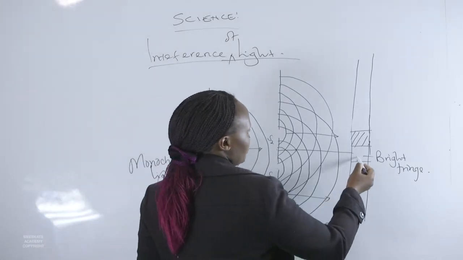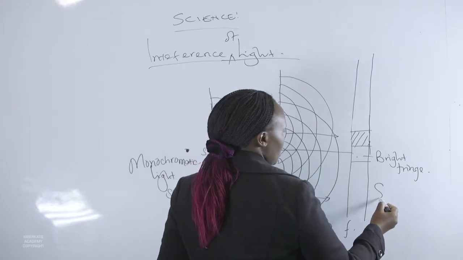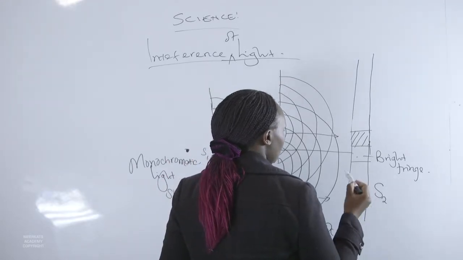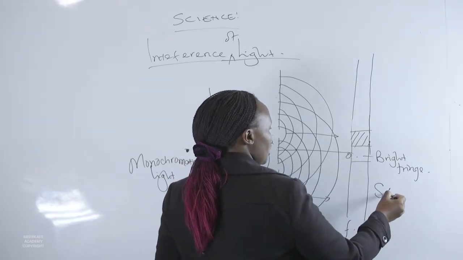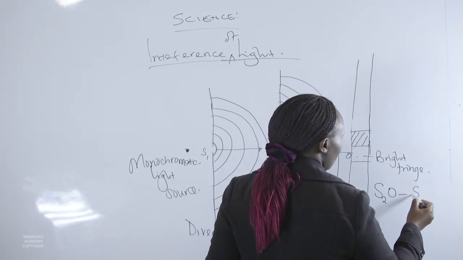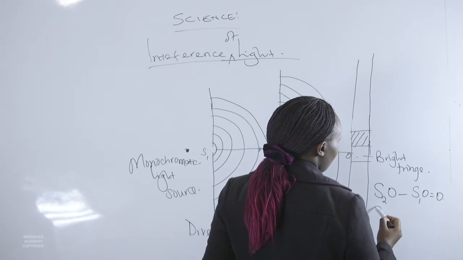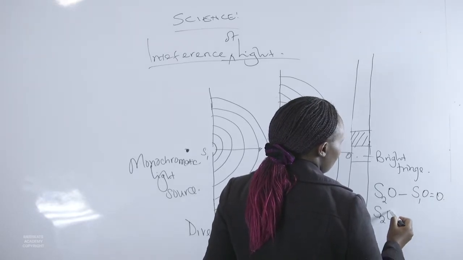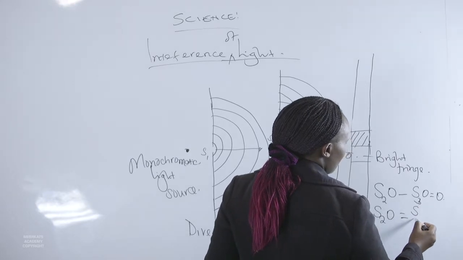So here, where we have the first bright fringe, let us call this one point O, S3O minus S2O is equal to 0. Or if you may, you can say S2O is equal to S3O.